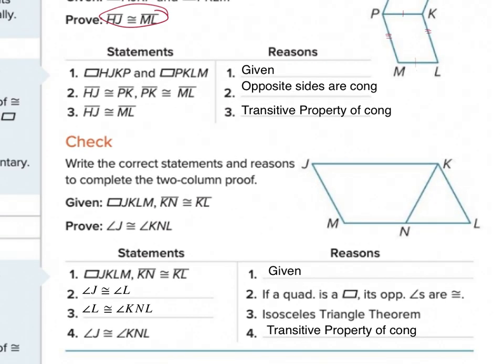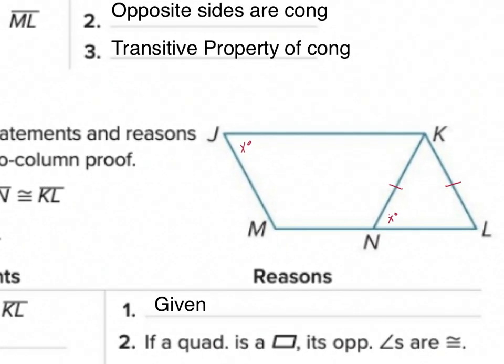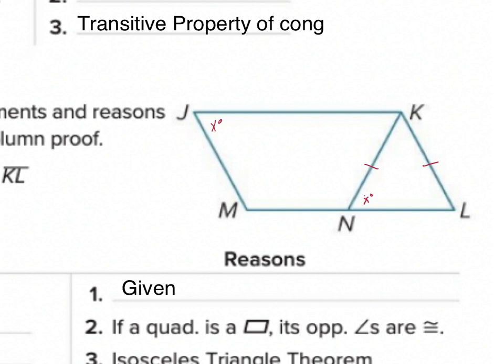Let's see here. Now again, they have a parallelogram, and they told us that this is congruent to this. And they want us to prove that this angle is the same as this angle. Okay, so with that, let's see. What do we know? We know that if this is a parallelogram, KL should be the same measurement as JM, but we're looking for angle measurements.